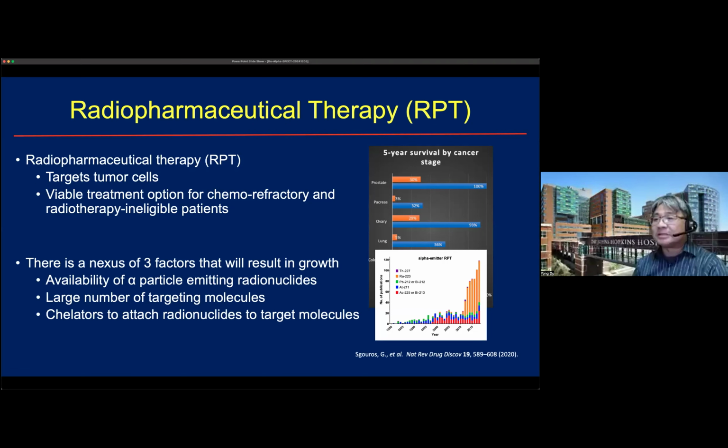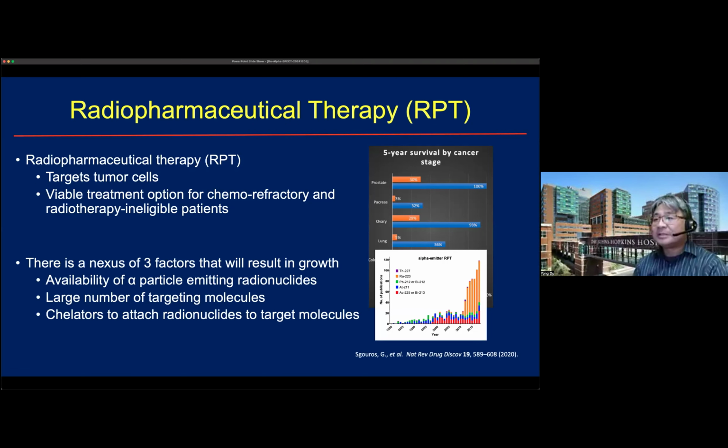The reason for that is three major factors in the last few years. First, there are many alpha particle emitter nuclides available on the market, so we can do the labeling, for example, with actinium, lead-212, radium, thorium, and even astatine. Also, because of cancer research, there are many targeting molecules that can be used to target specific cancers.